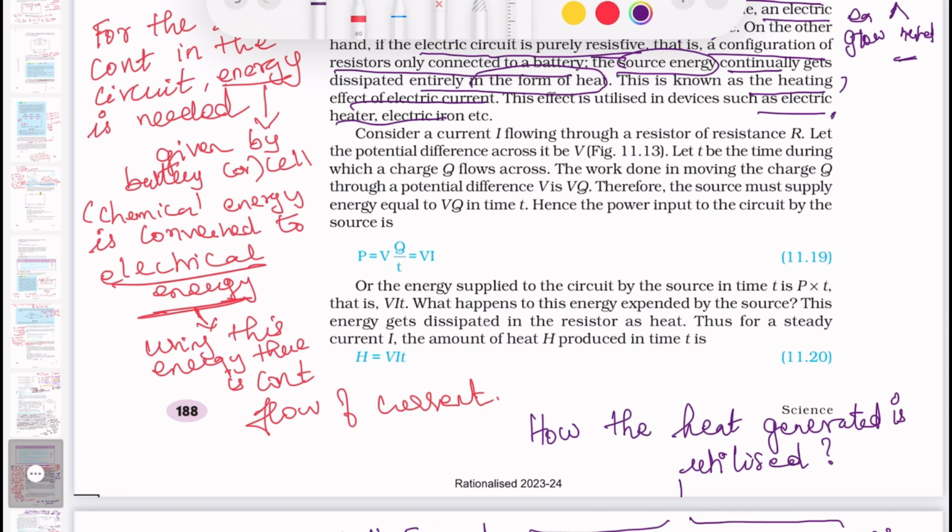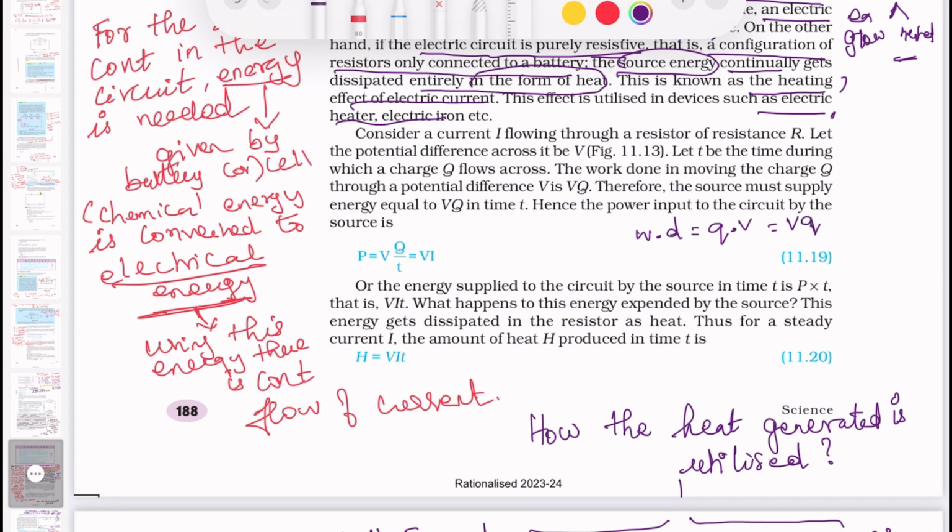Now, when we learn any concept in physics, usually it will have formulas related to it. So now let us consider the work done in moving the charge Q across the potential difference of V. We know work done is equal to VQ.